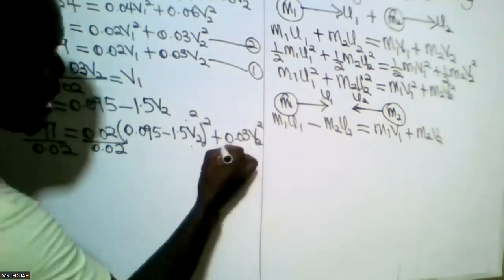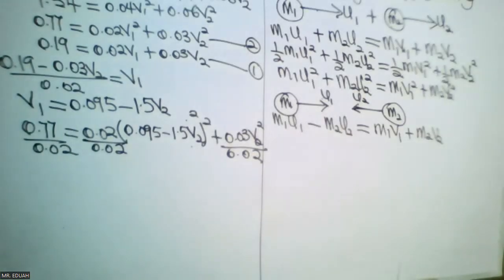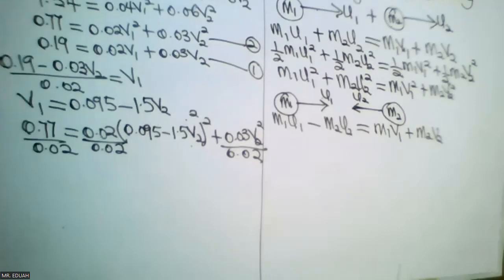That's what I asked you to do. So what is 0.77 divided by 0.02? 38.5.